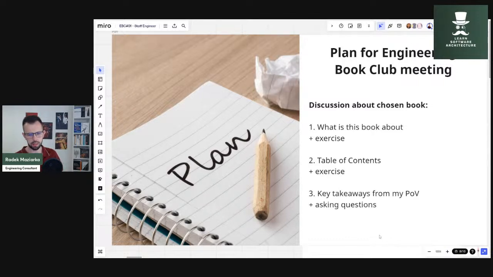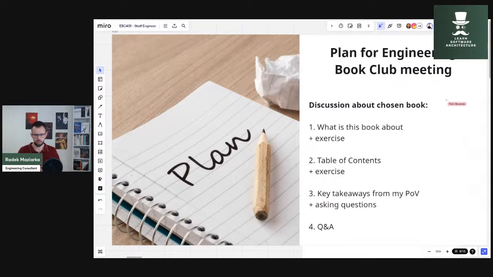And the largest part of this discussion is my key takeaways about this book, and we'll be able to discuss these takeaways. You will be able to ask questions, and I'll try to answer them. And of course, at the end, there will be a question and answer section, some summary, and some additional discussions. And I strongly encourage you to join me on Miro, so you will be able to participate in the exercises.